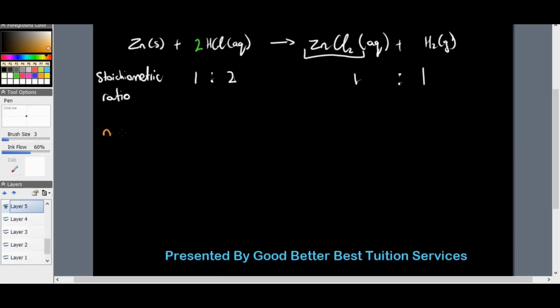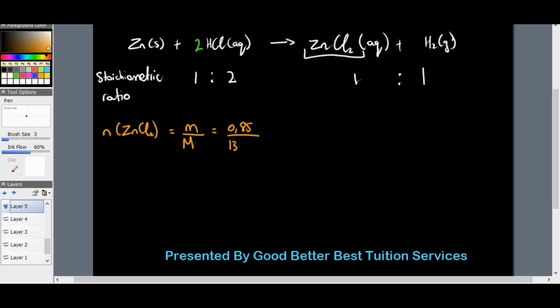So number of moles of zinc chloride is equal to the mass of zinc chloride divided by its molar mass. And they said we had 0.85 grams divided by the molar mass of zinc plus Cl2, which we can find on the periodic table.